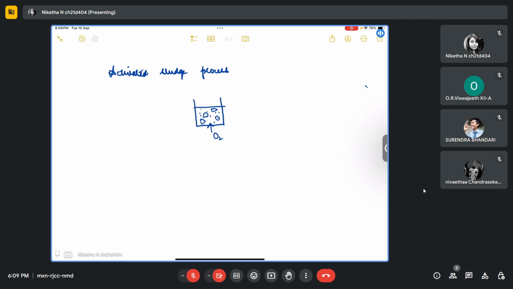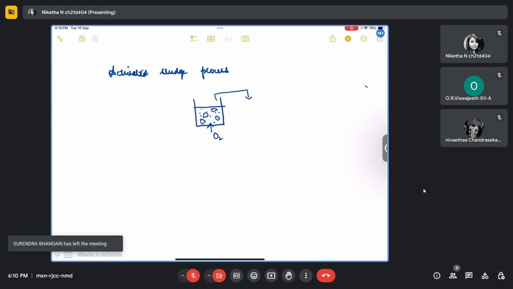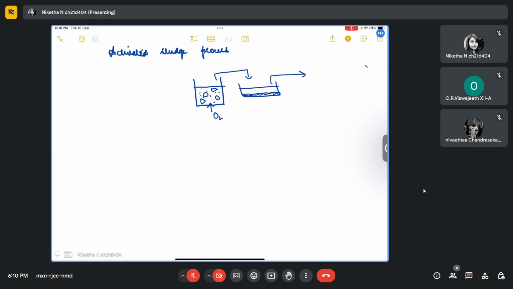After this treatment, the wastewater is taken and allowed to settle in a basin, in a sedimentation tank. After sedimentation, there will be some sludge remaining. Of course, the top layer of water is taken and sent to the next stage of treatment.